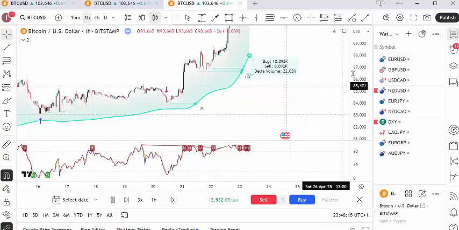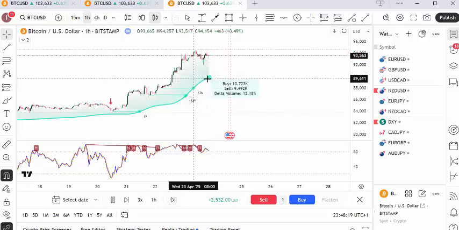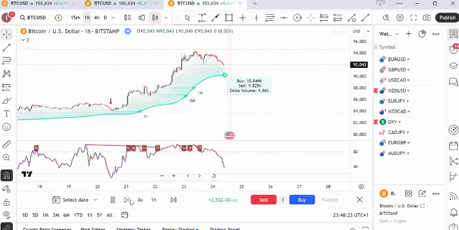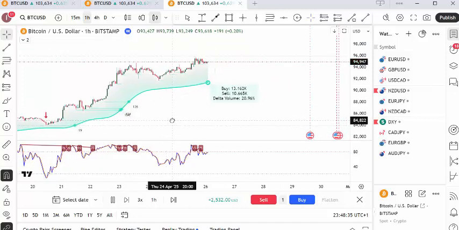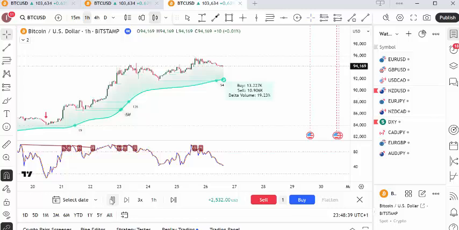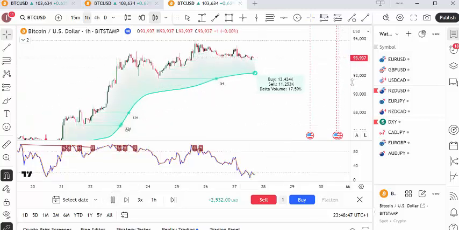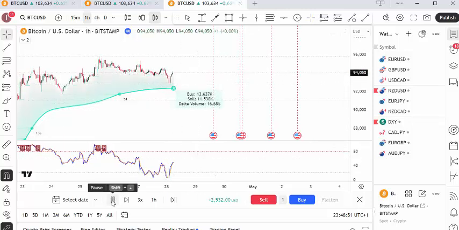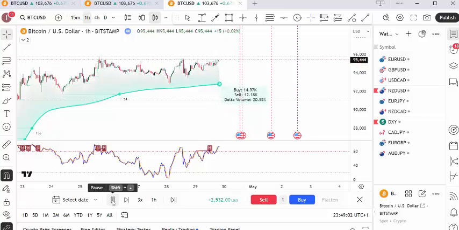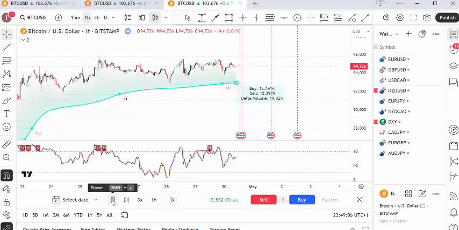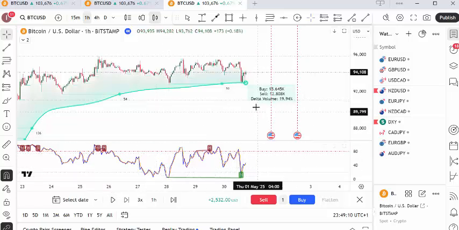The market is still bullish. Wait for the bullish divergence. Okay, bullish.